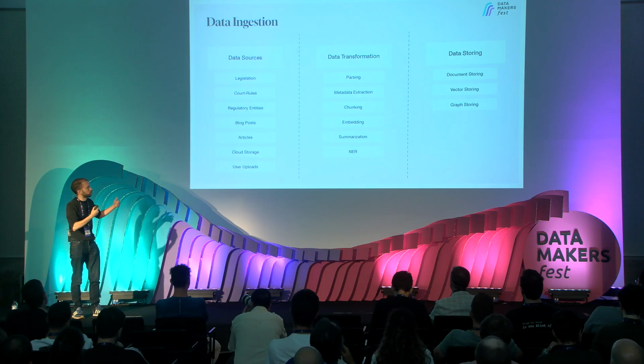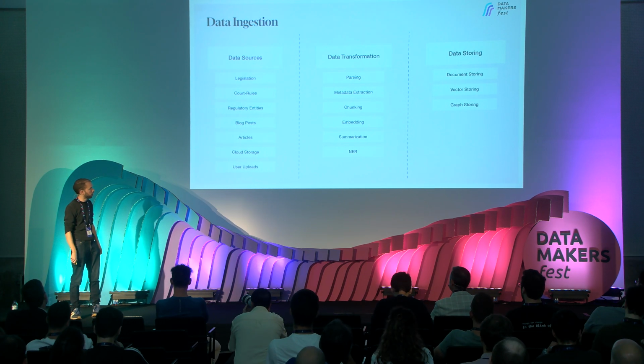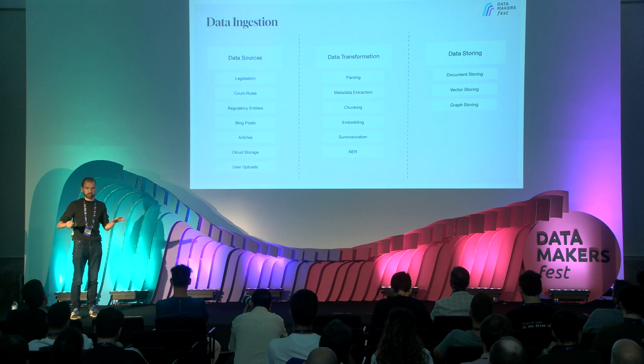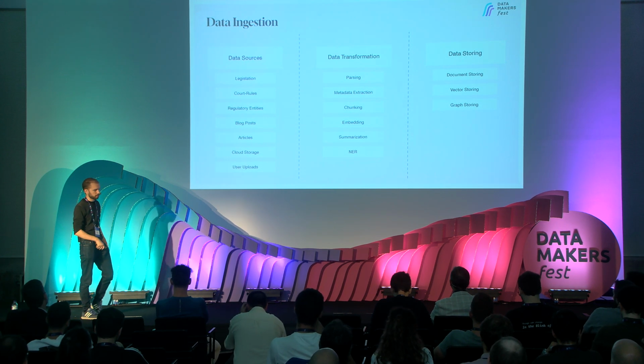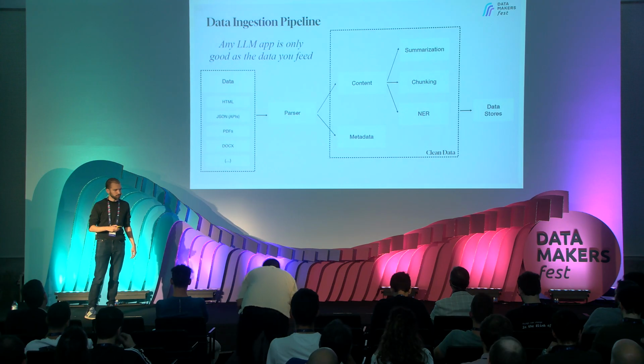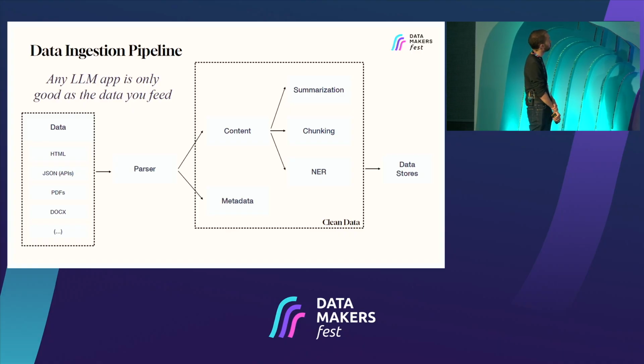We also have to store our vectors if we are doing semantic search, and if we want to do more advanced things, like citation graphs or entity graphs, we can also do graph storing. So this is an example of our usual data pipeline.